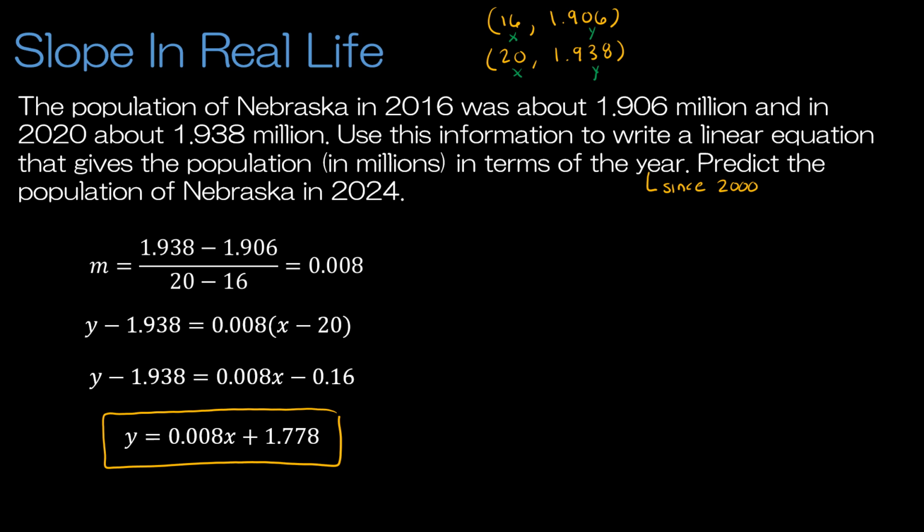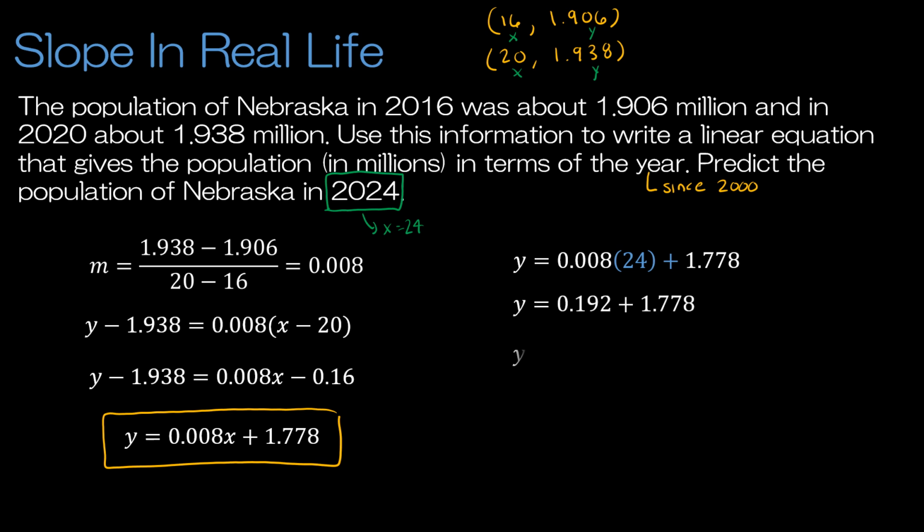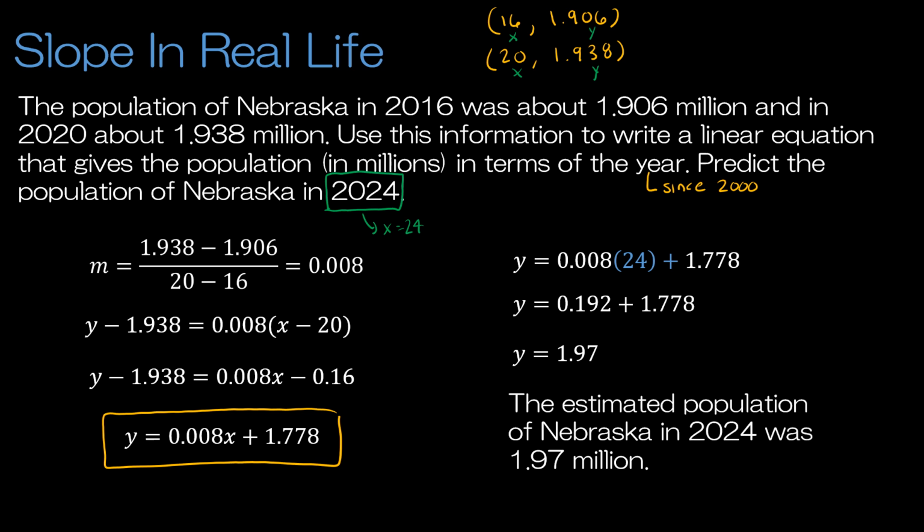So if they're telling me the population of Nebraska in 2024, I'm not going to plug in 2024, but I'm going to plug in x is 24. That's 24 years since the year 2000. So I'm going to replace x with 24, and I'm simply going to do the algebra from there. Now, no story problem is complete without a conclusion, so my conclusion will be written in sentence form. The estimated population of Nebraska in 2024 was 1.97 million.